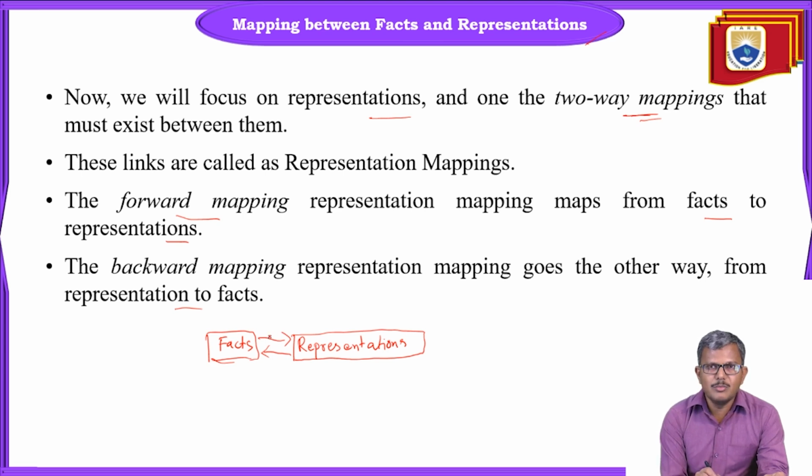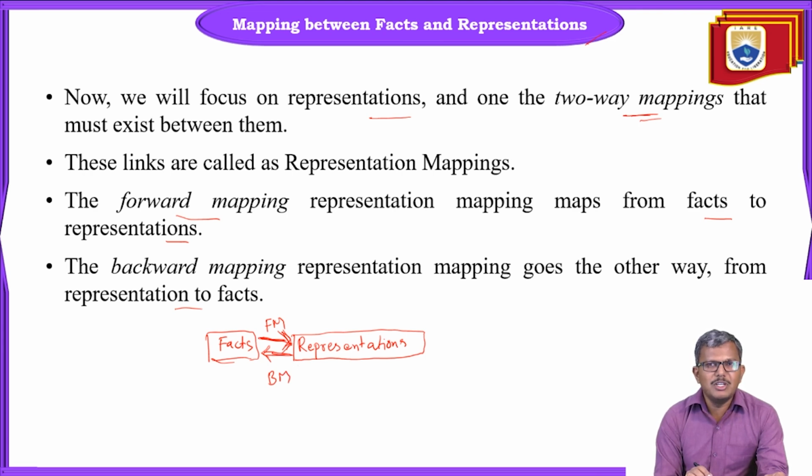In simple words, with this visualization, whenever you draw an arrow from facts to representations, it is a forward mapping representation. Whenever you show the association or relationship moving from the representations towards the facts, it is a backward mapping.